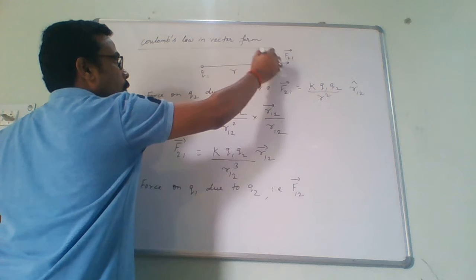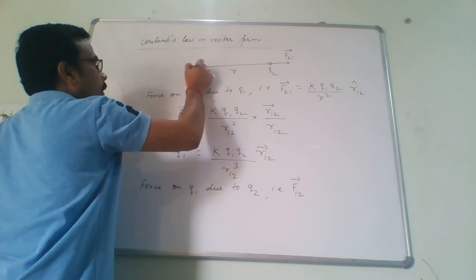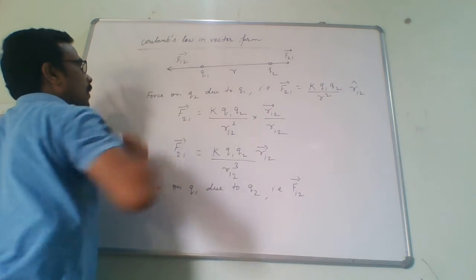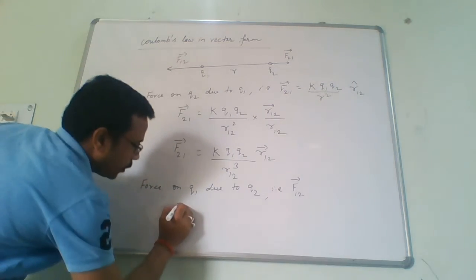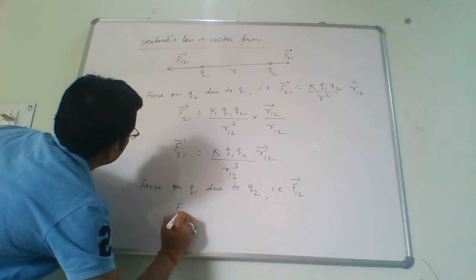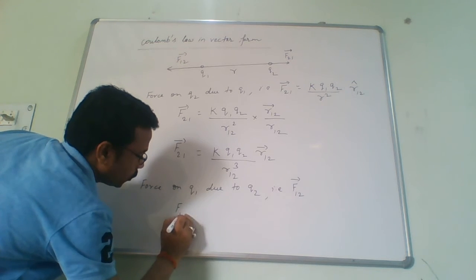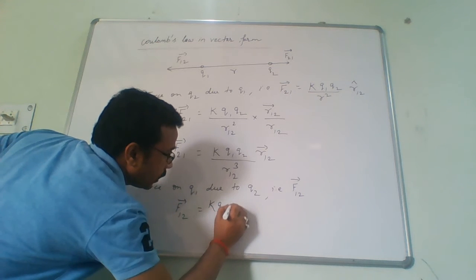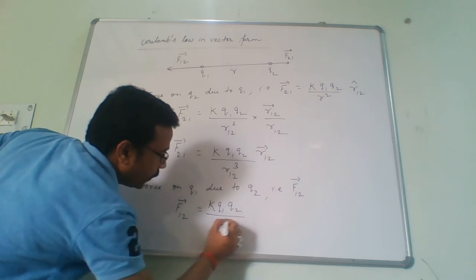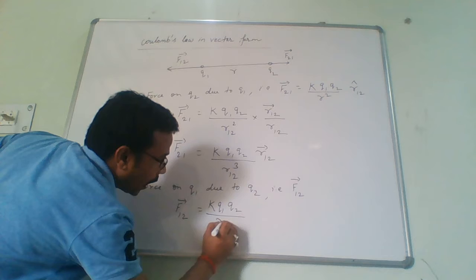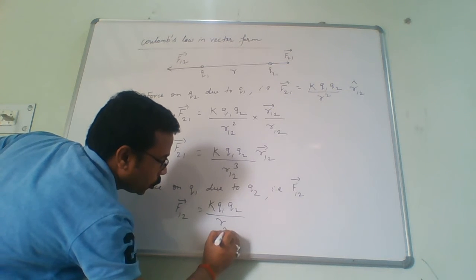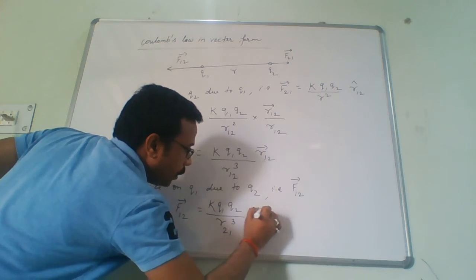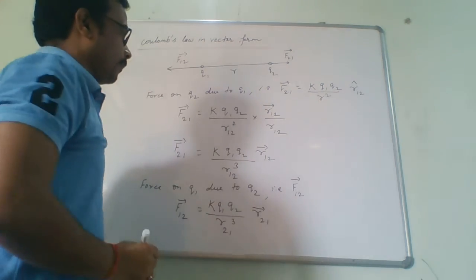Force on 1 due to 2 will be in this direction, F12, and this force with direction in vector form may be written as F12 is equal to K into q1 into q2 divided by r21 cube into vector r21. We may use the analogy from this one.